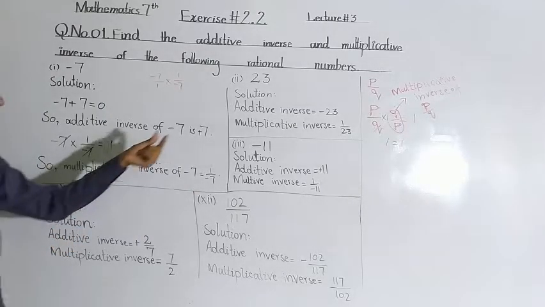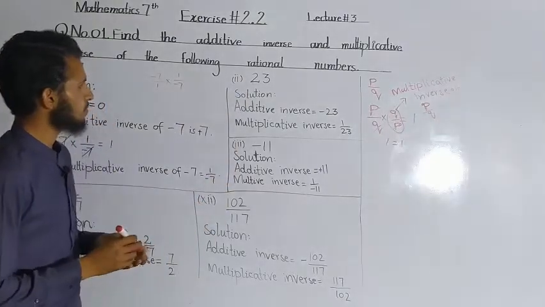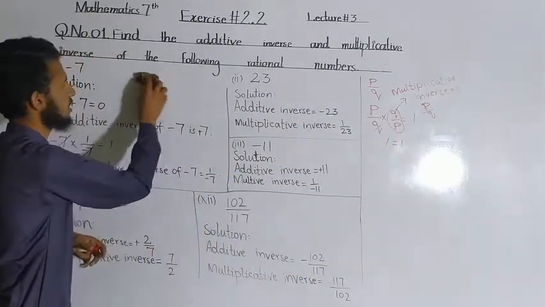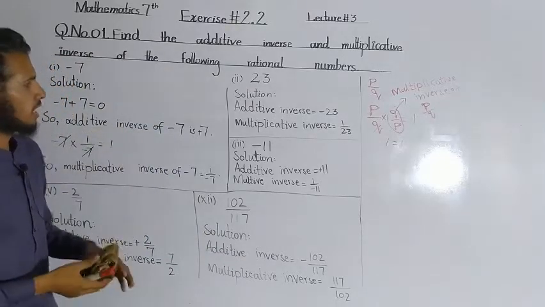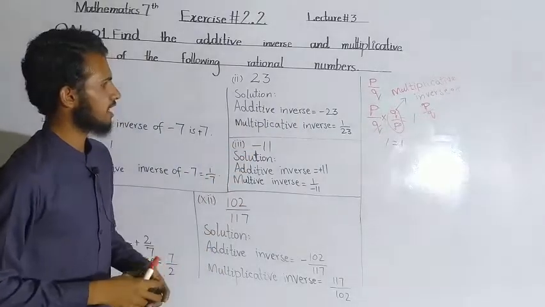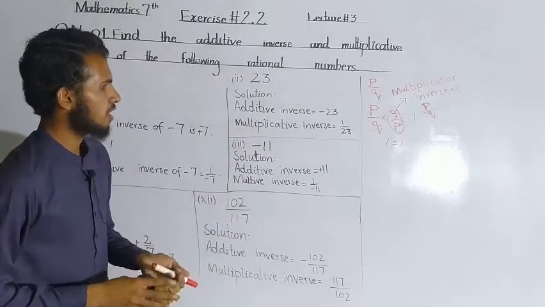Next is question number 2, which is 23. Solution: the additive inverse of 23 will be minus 23 and the multiplicative inverse will be 1 over 23.